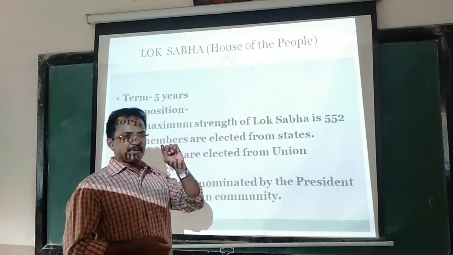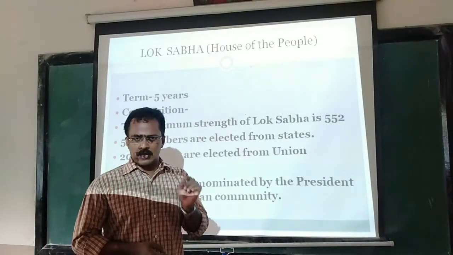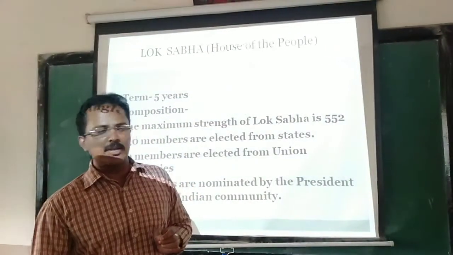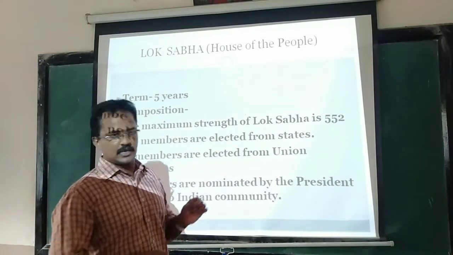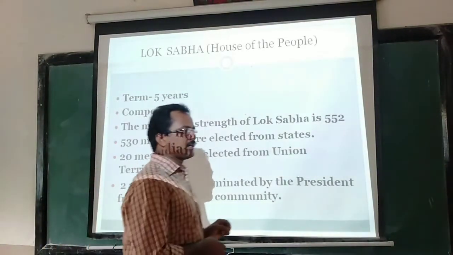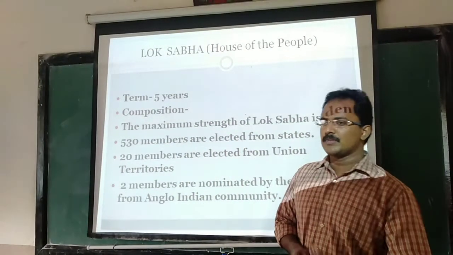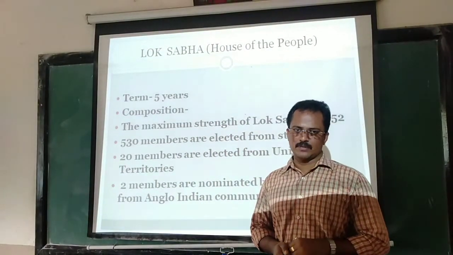The number of representatives from different states are different. It is according to the size and population of the states. Anyhow, out of 552, 530 members of Lok Sabha are representing these 28 states.